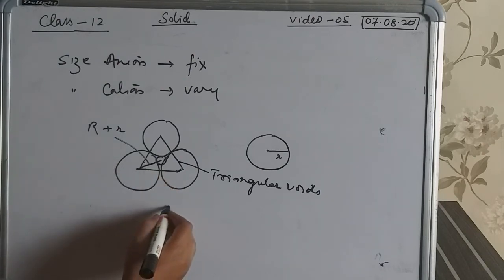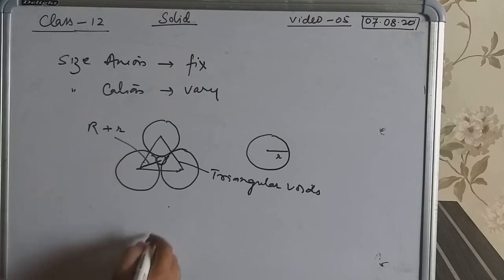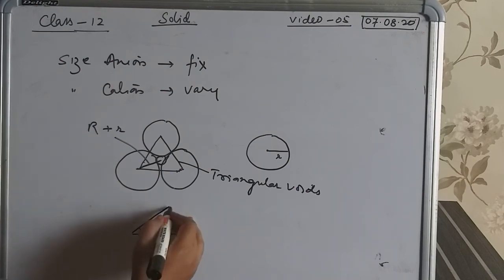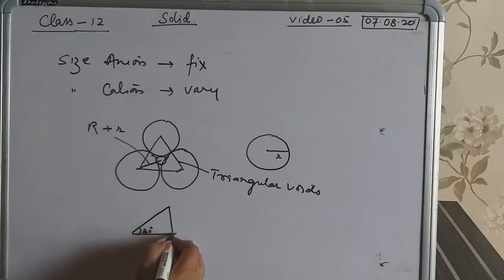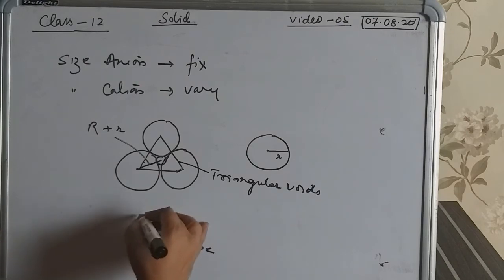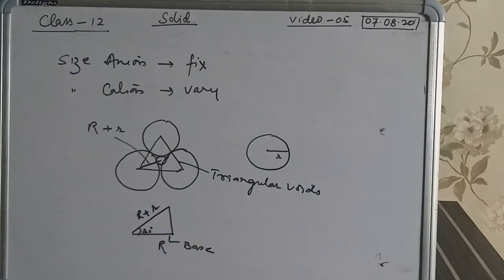Let's draw here also. Suppose this is the 30 degree angle and one perpendicular gives 90 degree here. So this is the base, and this is the radius r plus R, and this is the perpendicular.